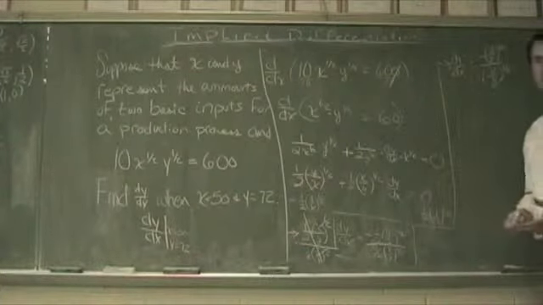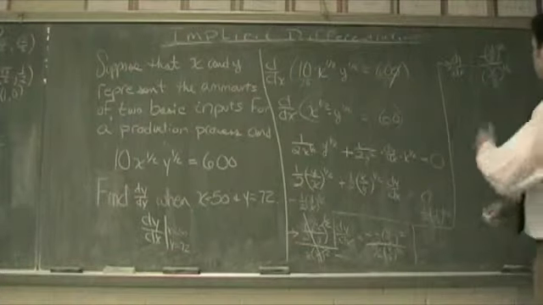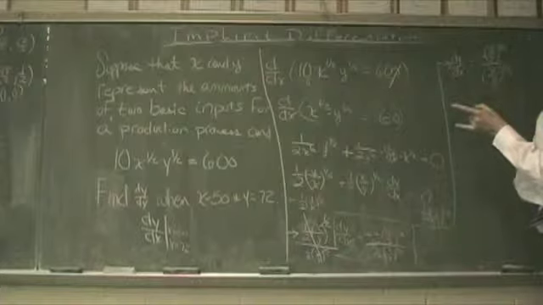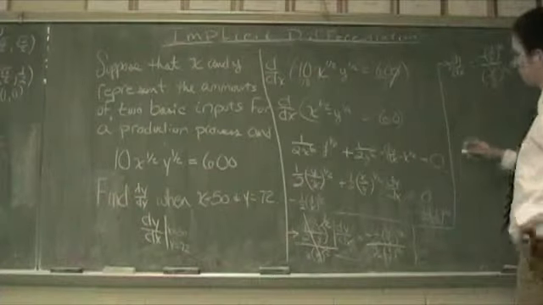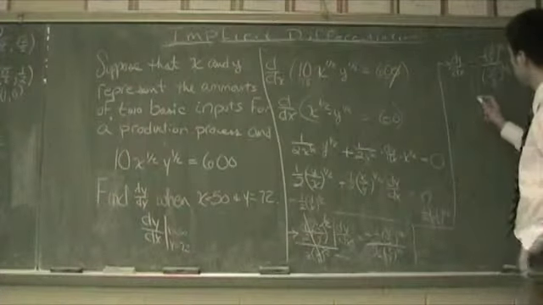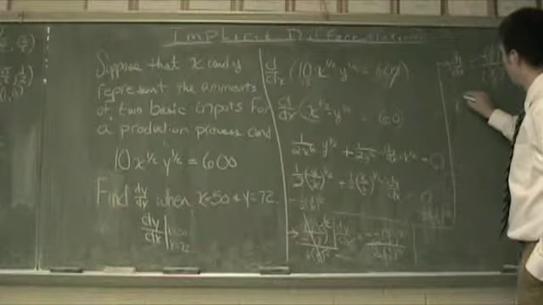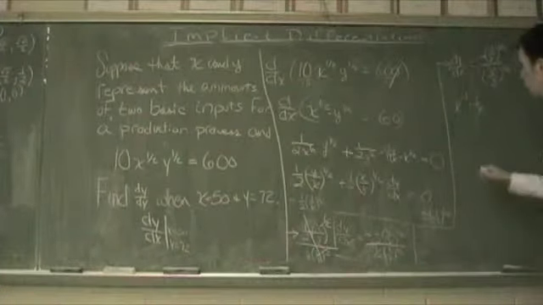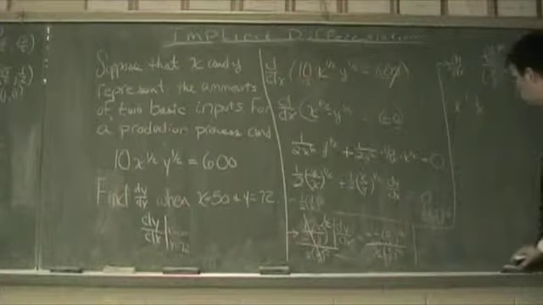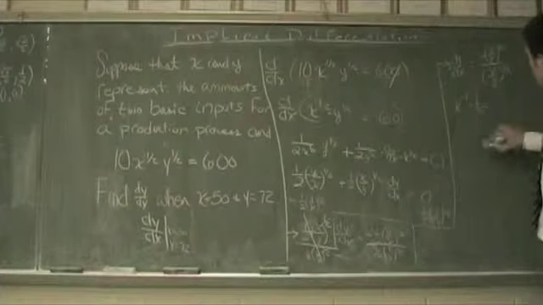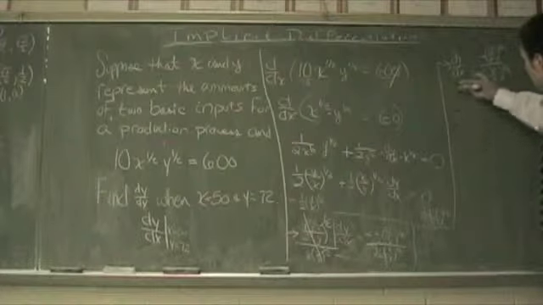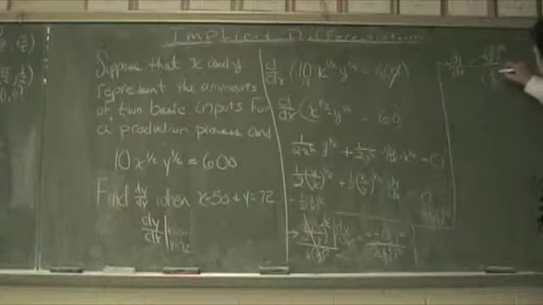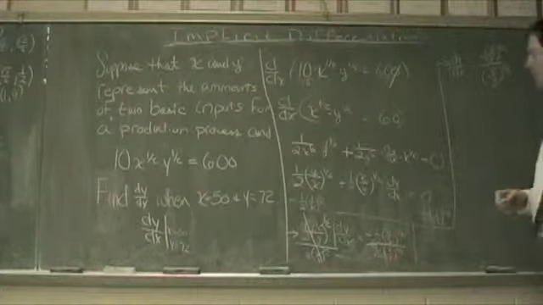It looks as though we're not able to do anything here, but if you remember the negative exponent rule, how x to the negative 1 is actually 1 over x, we could apply a negative exponent rule right here.